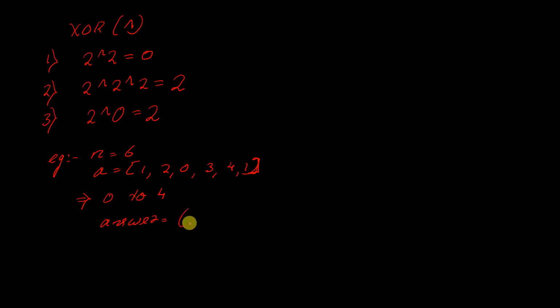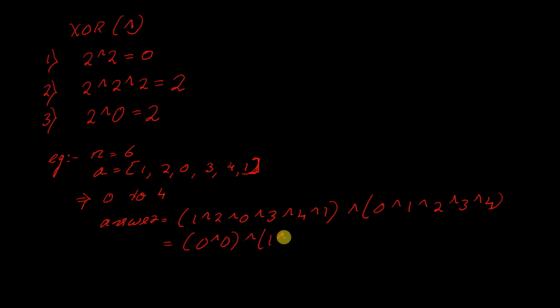That is, XORing all the elements 1, 2, 0, 3, 4, 1 with the range 0 to 4: 0 XOR 1 XOR 2 XOR 3 XOR 4. After rearranging this, it will look like 0 XOR 0, 1 XOR 1 XOR 1, it has three ones, and 2 XOR 2, 3 XOR 3, and 4 XOR 4.